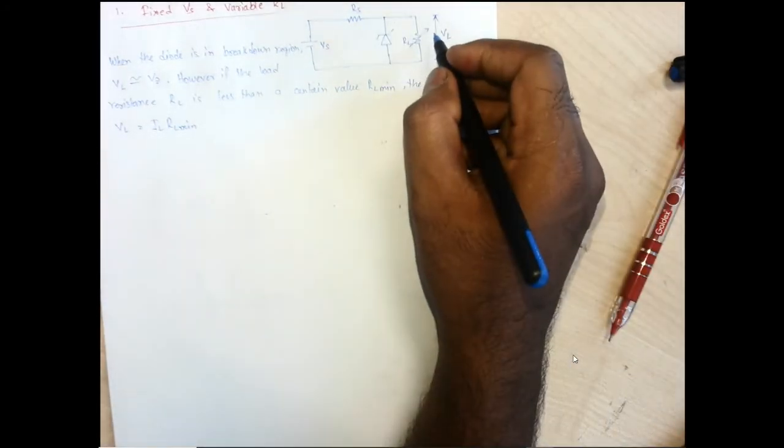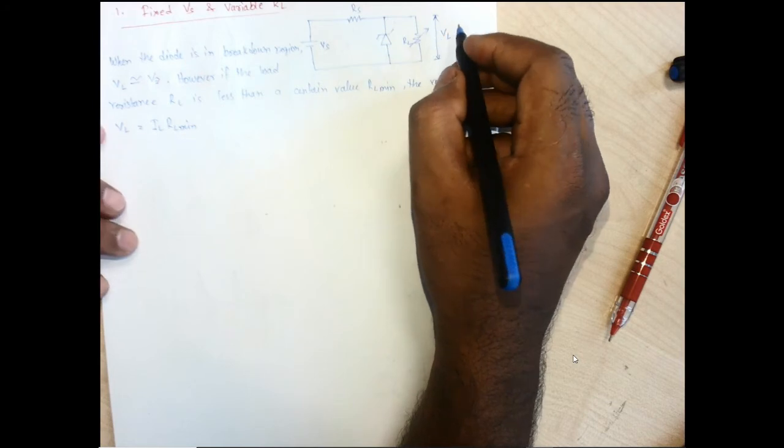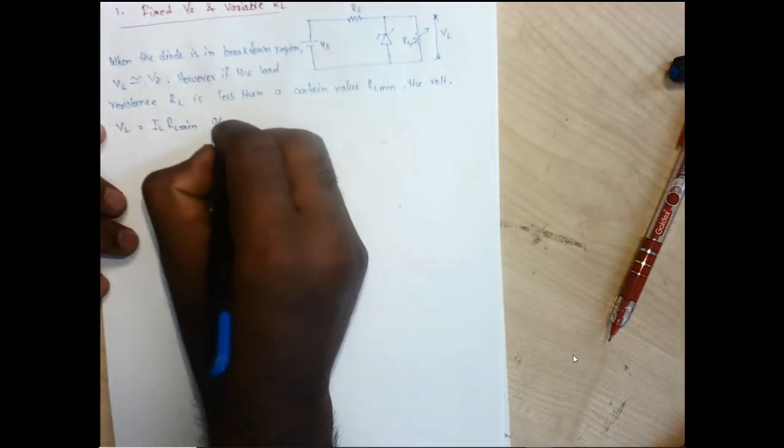So we need to manipulate this IL to keep this VL constant across the load.